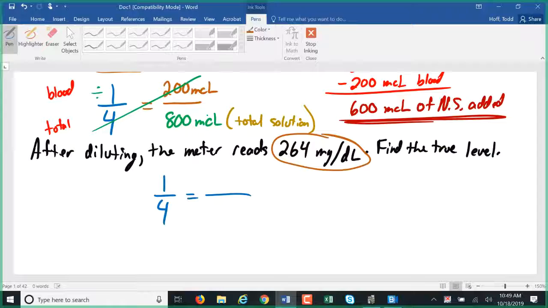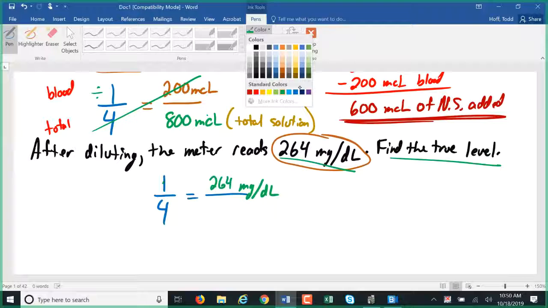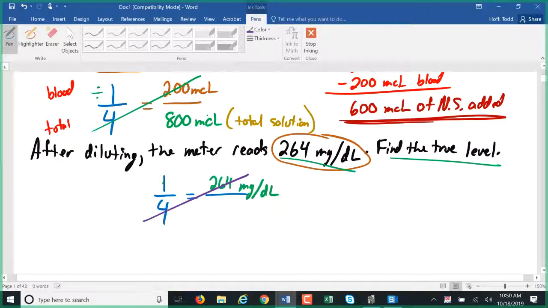That means all the levels are smaller than what the real levels are, so we would expect the true level to be larger than that. The 264 goes with the smaller number in our 1 in 4, and we're going to cross multiply and divide to get the true level. 4 times 264 divided by 1 is 1,056 milligrams per deciliter. So that is their true blood glucose level.